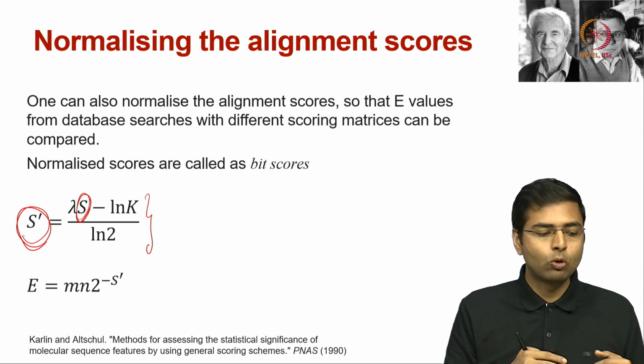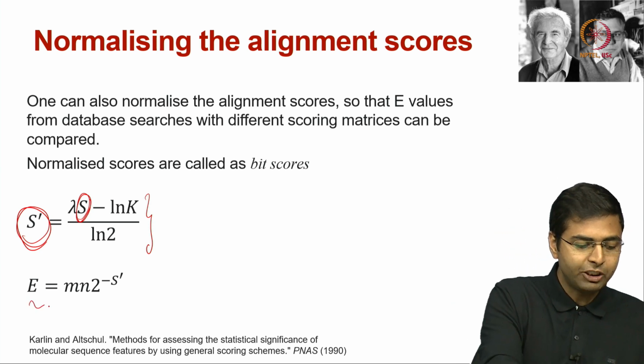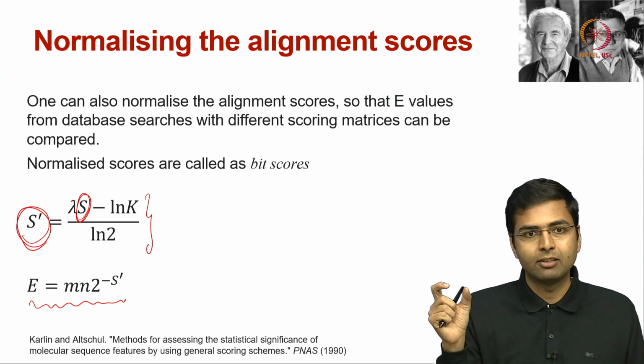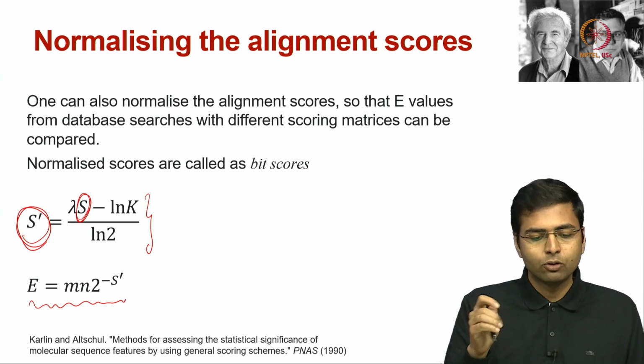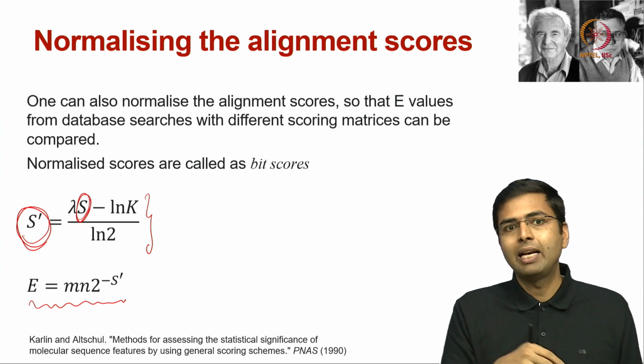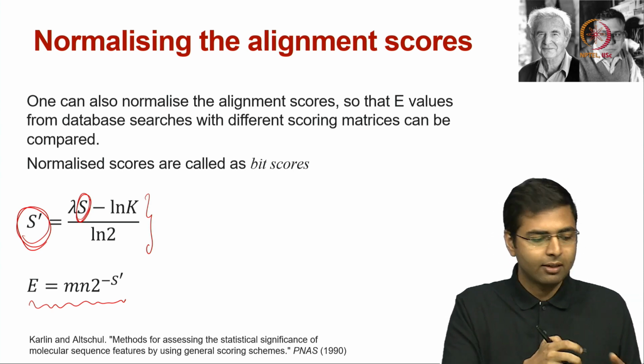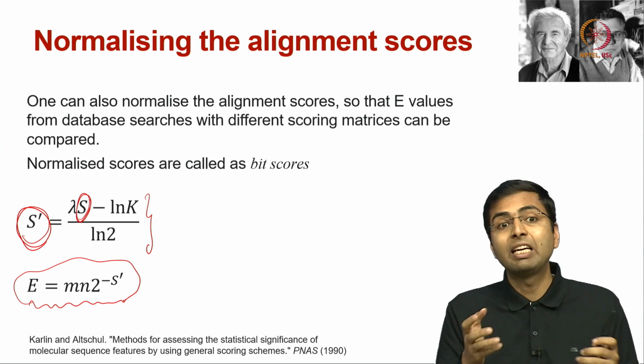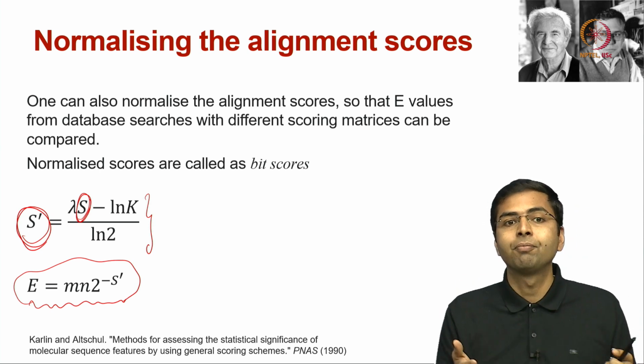And with this bit score, I now have an expression of E which is independent of lambda and K parameters. So now if I am doing two database searches with, let us say, different scoring parameters, I can directly compare these E values to see which of them is giving me a more statistically significant alignment.